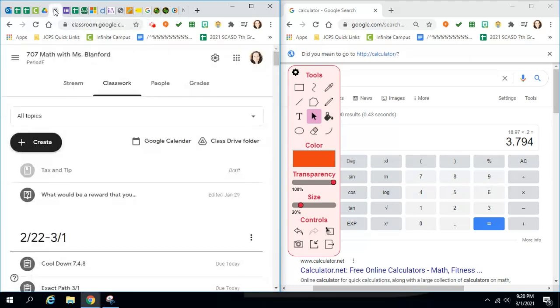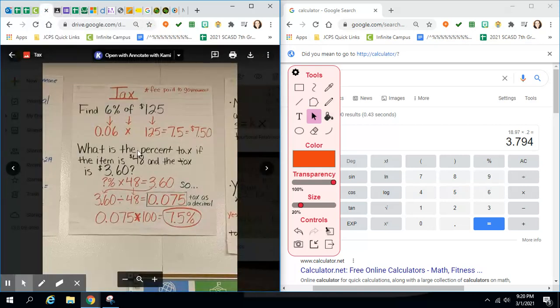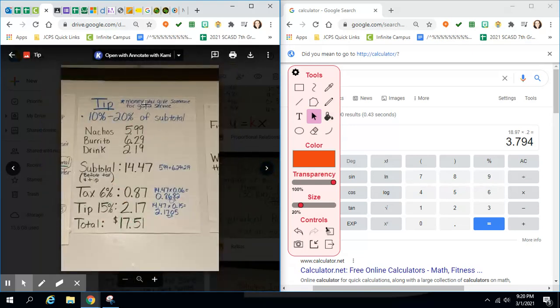You can always go to your anchor charts and video section and look at the tax and tip anchor chart. So this is showing how to find the tax of 6% or percent of a number, or to go the opposite way. And this one is kind of showing you, okay, if this is what you ordered, here's your subtotal before tax and tip. You add on your tax, and here's how you find that, right?